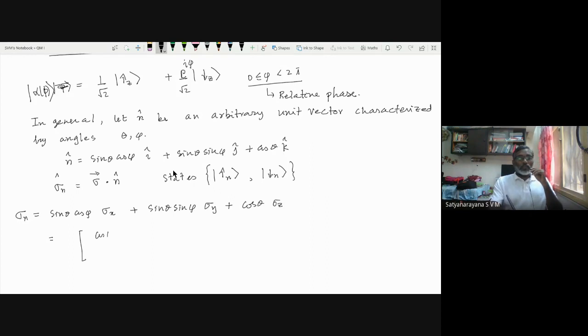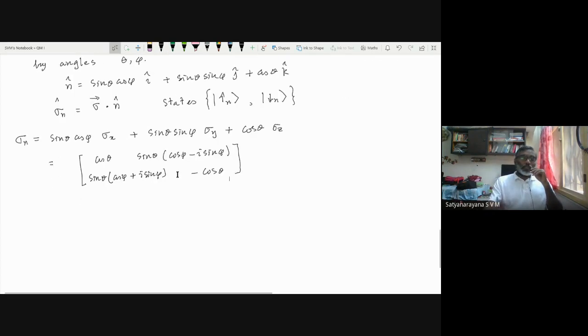Cos theta, sine theta into cos phi minus i sin phi, sine theta into cos phi plus i sin phi, and minus cos theta.